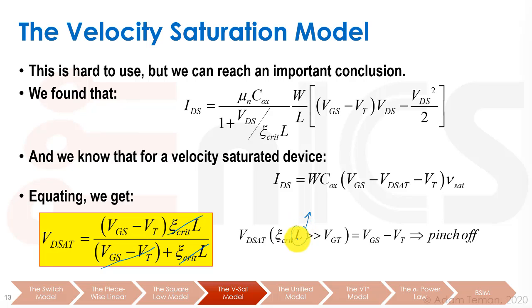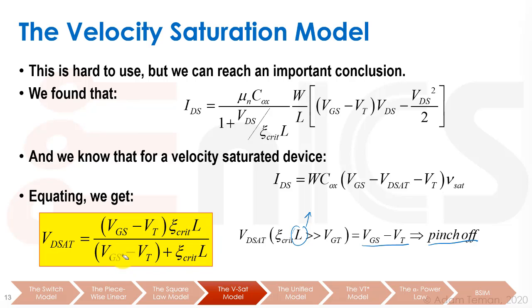So for a very large length transistor, VDSat, the saturation voltage, is just VGS minus VT, which is the pinch-off point. At that point we come back to our regular Shockley model. That's why we say for a long channel transistor, the Shockley model is what we can use.